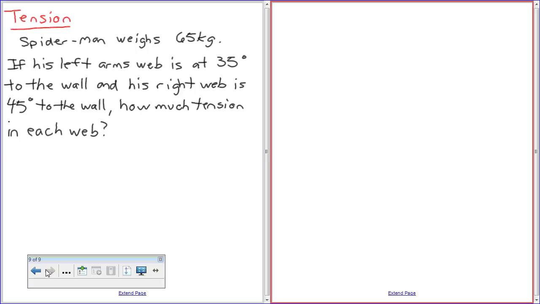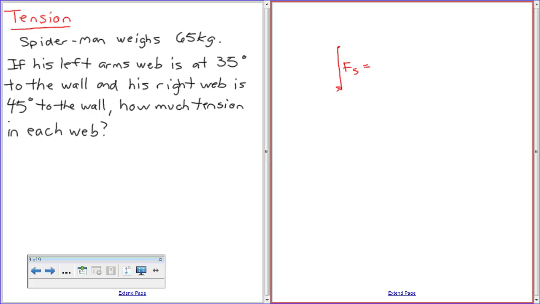Okay, so here's Spider-Man. The force of Spider-Man. How do I figure out what Spider-Man's force is going to be? This is not one of the automatic things. How do we calculate force?